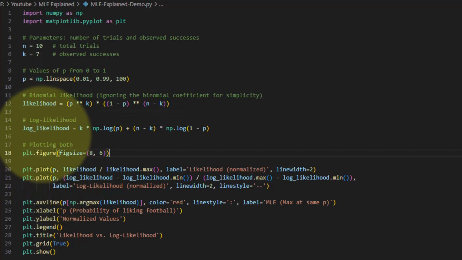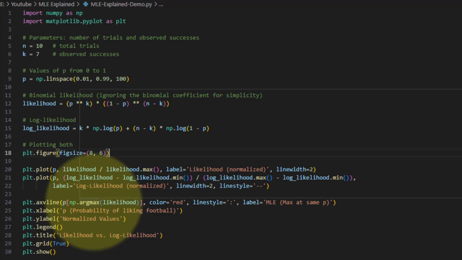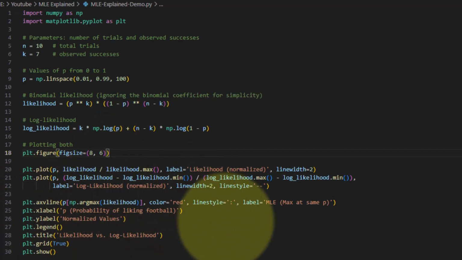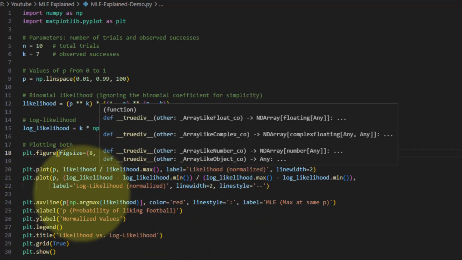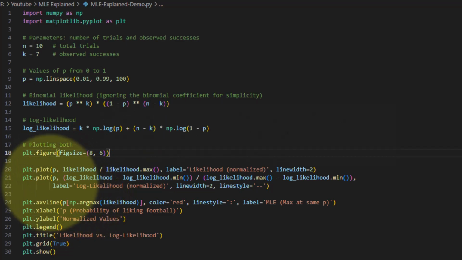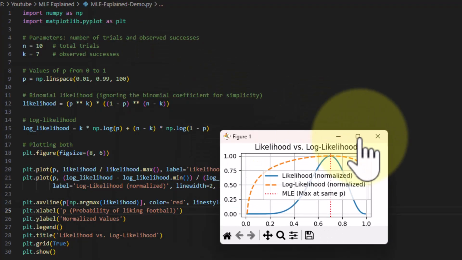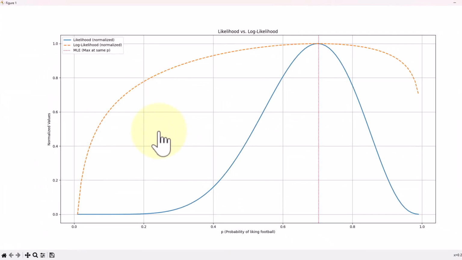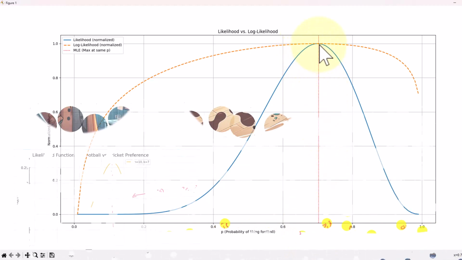I've done some normalization to make sure we can compare them visually in the same plot. When we run this, this is what we get. The dotted line is the log likelihood and the blue is the likelihood. The shape has changed, however, the location of P for which we get the maximum stays the same.